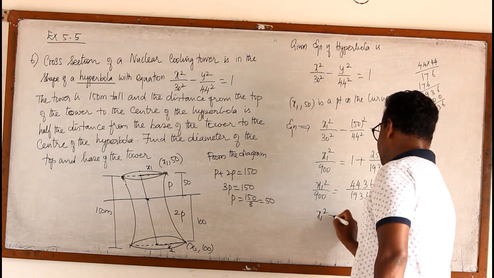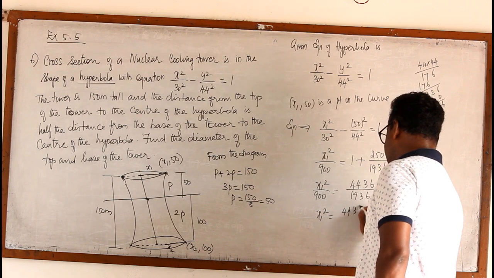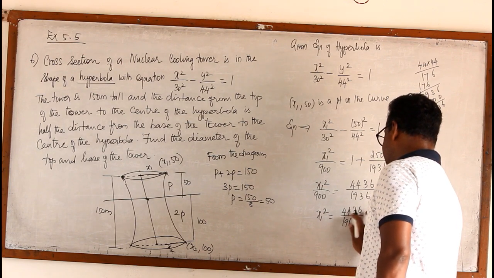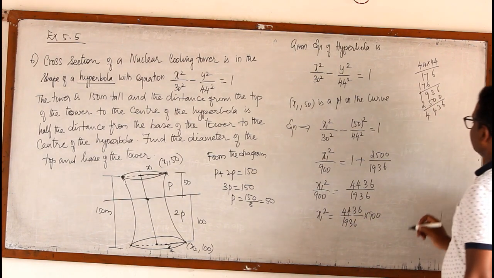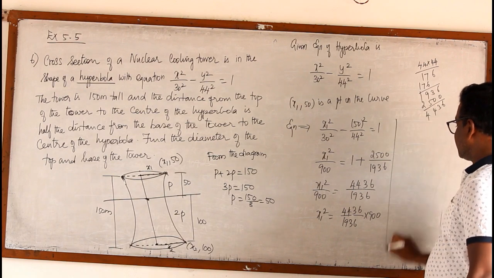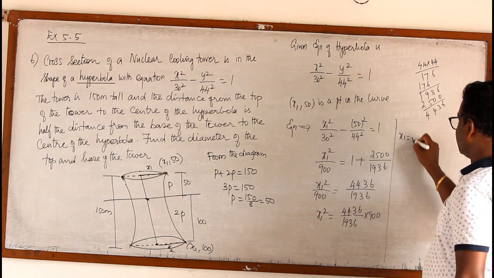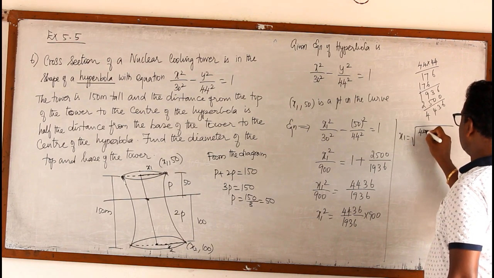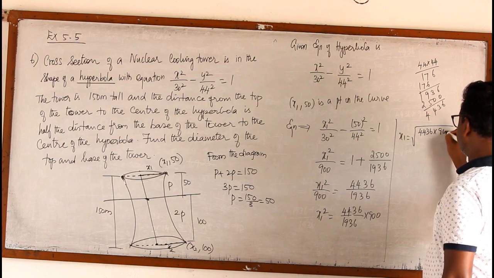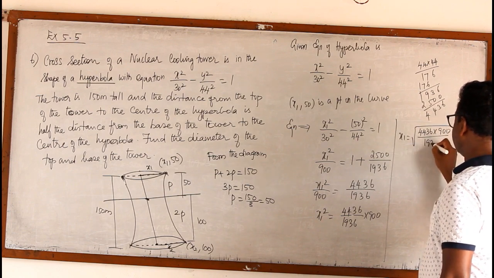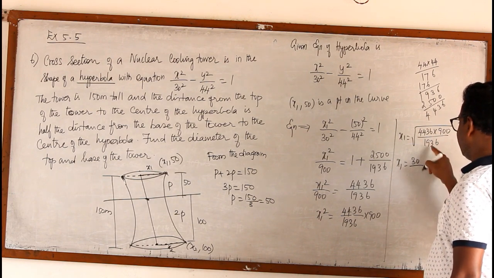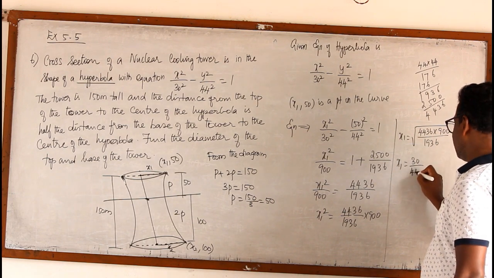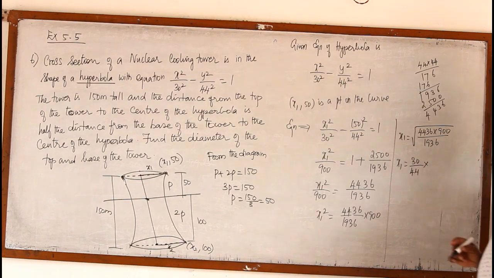Therefore, x1 square is 4436 by 1936 into 900. Therefore, from this we can say x1 is root of 4436 into 900 by 1936. So root of 900 is 30. We know root of 1936 is 44, into root of 4436.